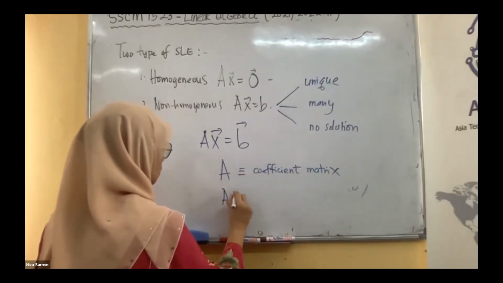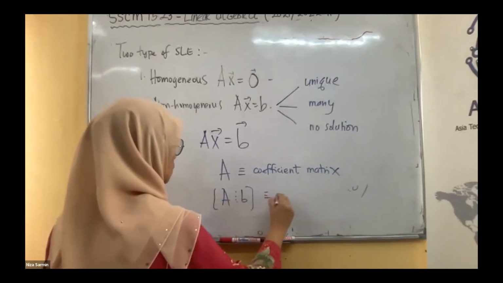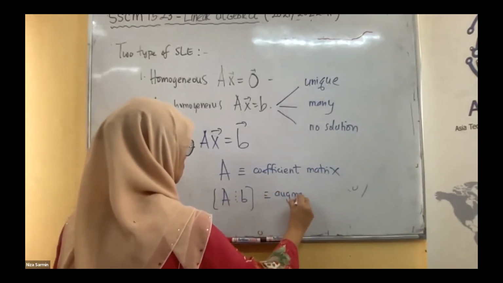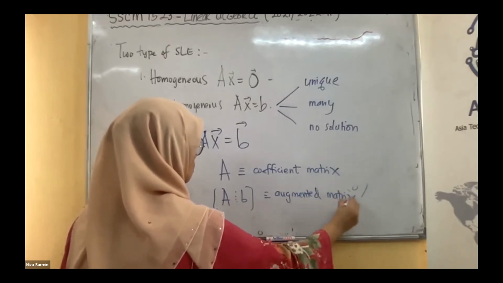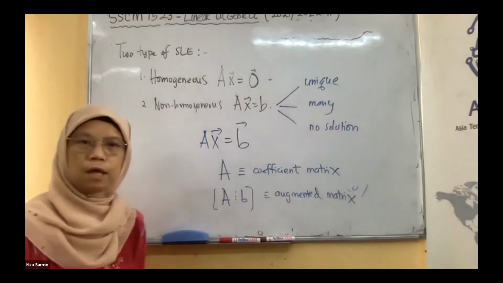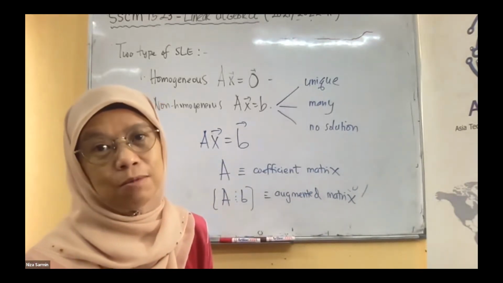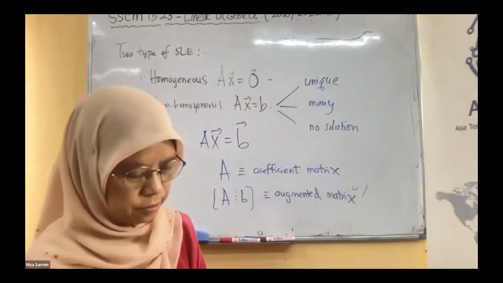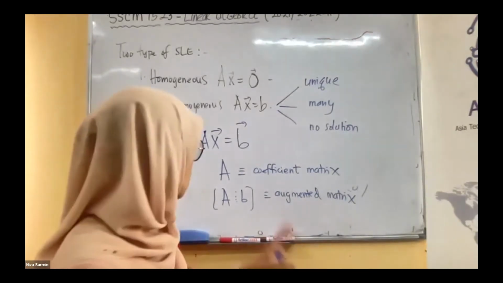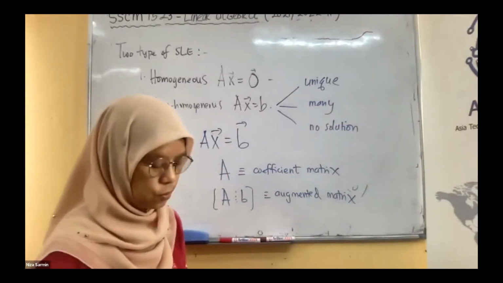A|B is the augmented matrix. So we will determine the type of solution from the augmented matrix. The rank of this and the rank of this.